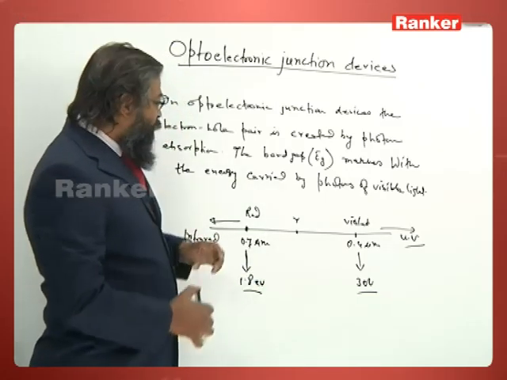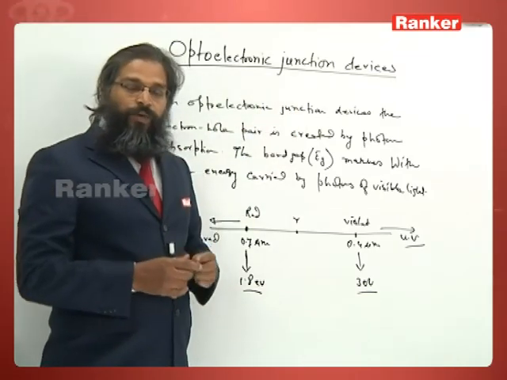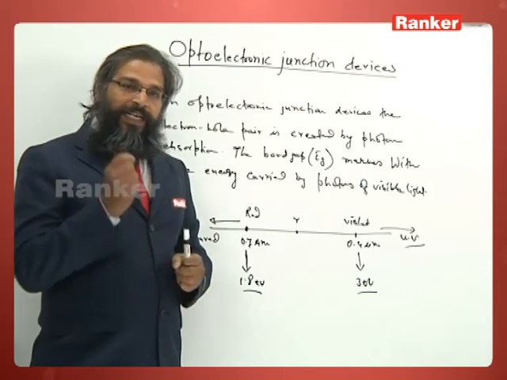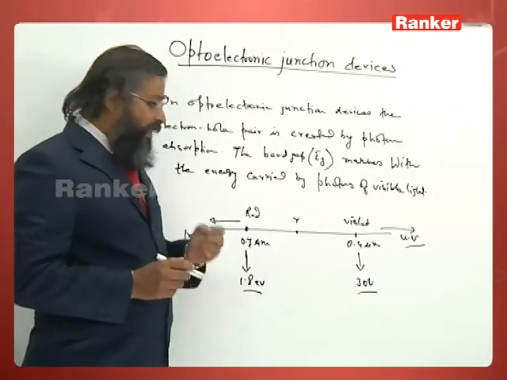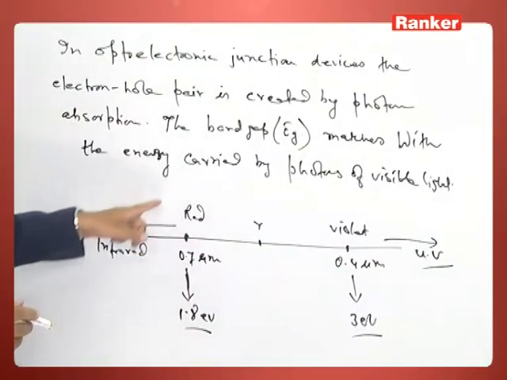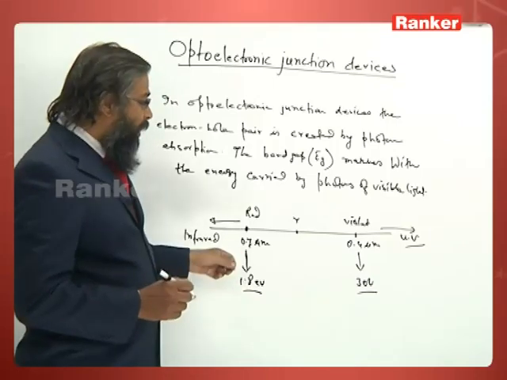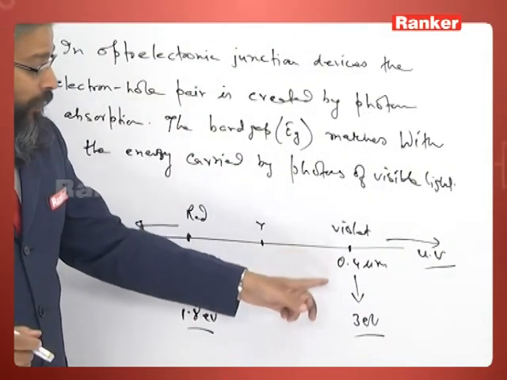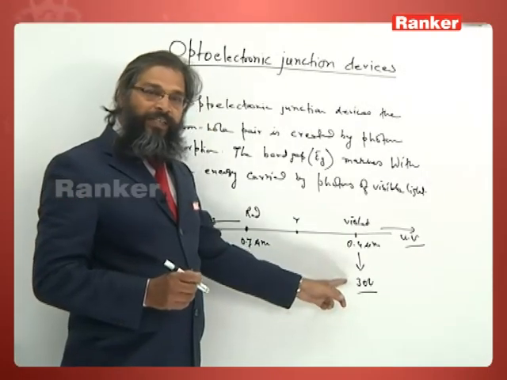So, you see all the optoelectronic devices, for example LED. If I want a red LED, light emitting diode, that is a normal PN junction, the forbidden gap must be 1.5 electron volt. Suppose I want a blue one, it is very near to this 3, suppose it is 2.8 electron volt.